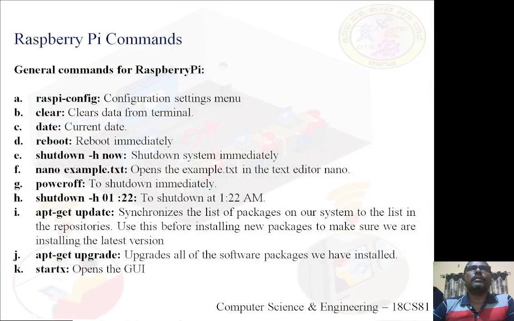Next, clear. It's like CLS in the DOS prompt. Means clears everything in the terminal. Got it? Clear is a command to clear everything in the terminal. Date, to know the current date.